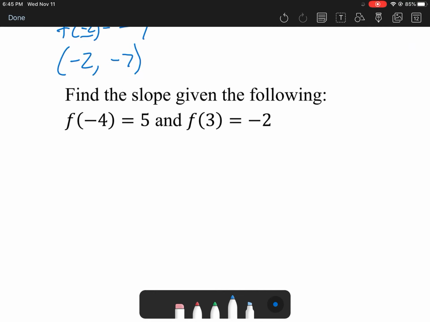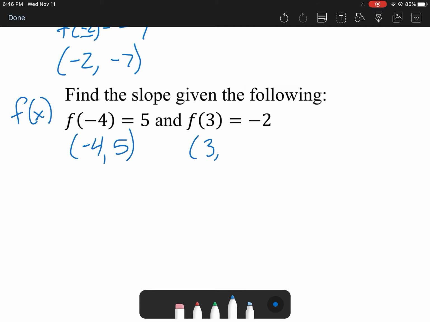We can do a bit more with these. Given this information below, we want to find the slope. I know that f of negative 4 is equal to 5, and f of 3 is equal to negative 2. Usually we see f of x, so I know that the numbers inside the parentheses are my x values. So this one would be negative 4, this one would be 3. And then what the function is equal to is really just my y value.